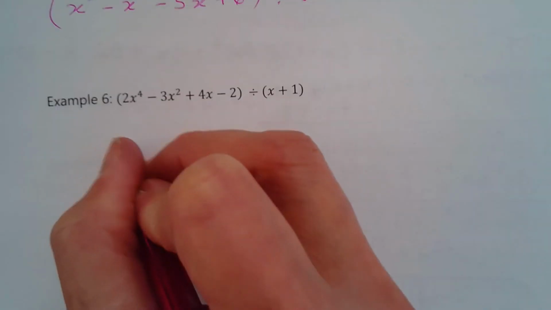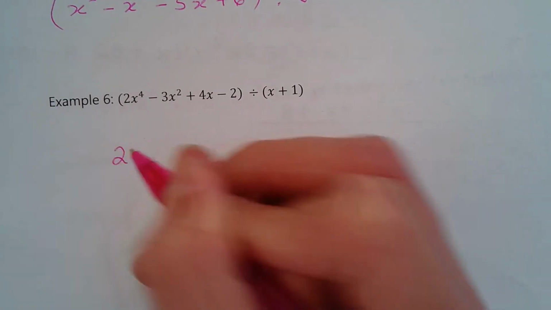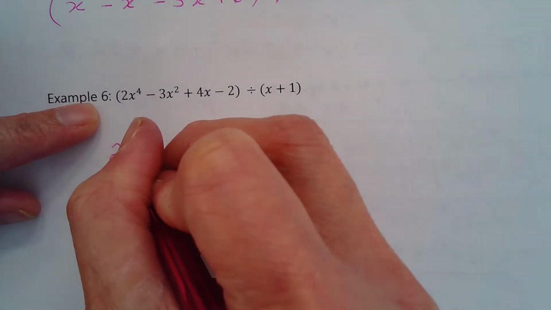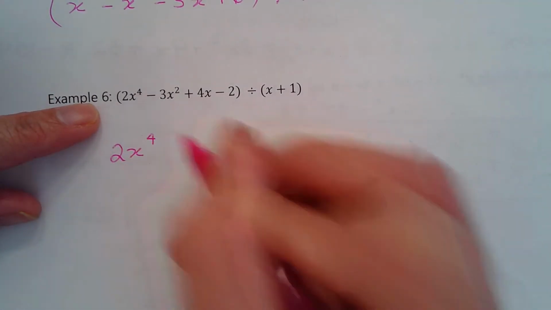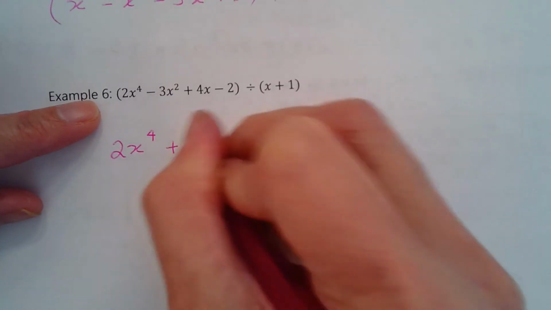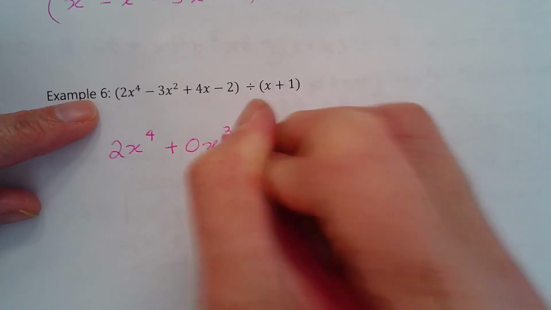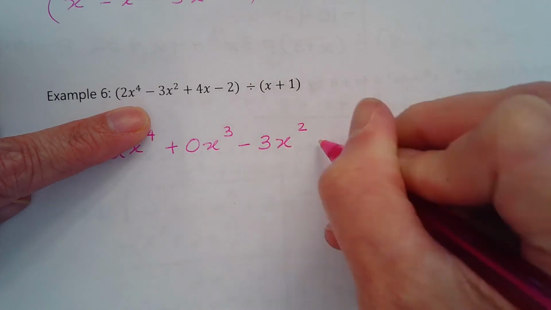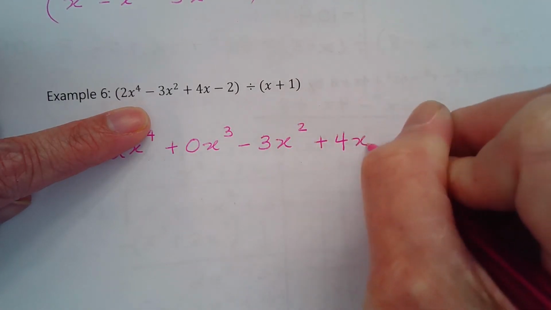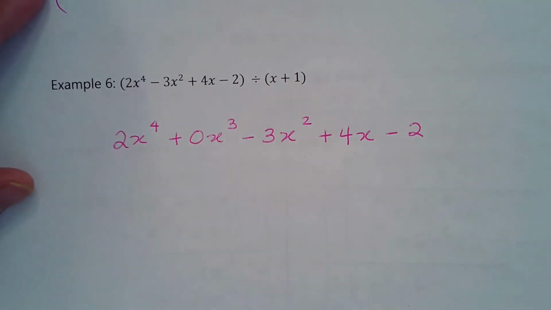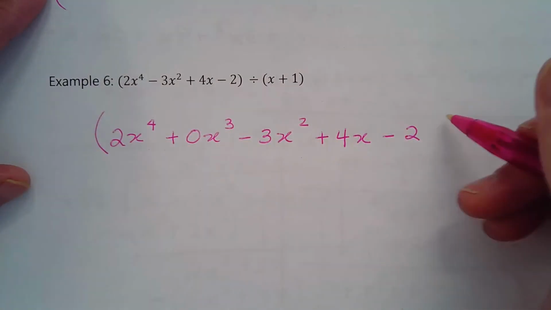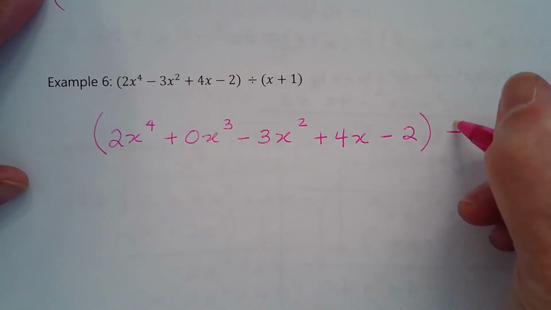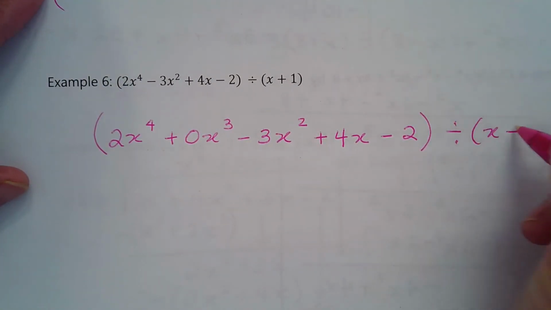So I'll write it down first: 2x to the 4th plus 0x cubed minus 3x squared plus 4x minus 2. I'll put all of that inside the brackets, divided by x plus 1.